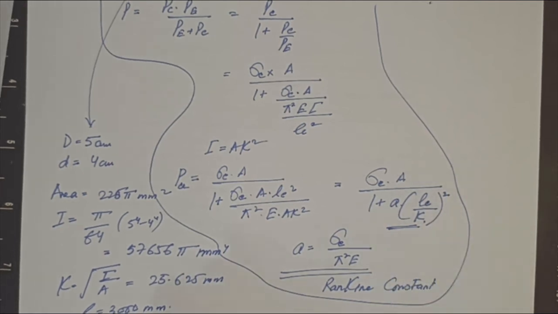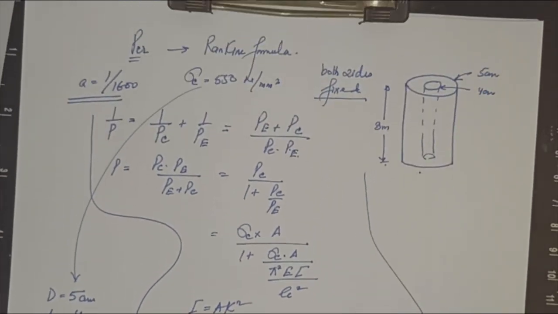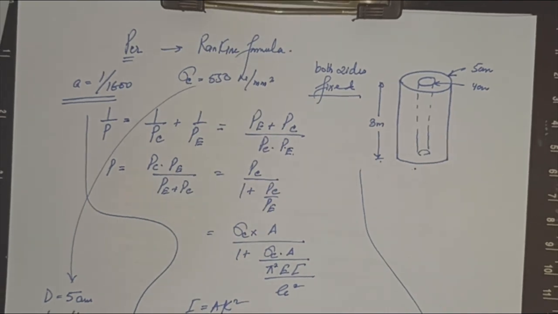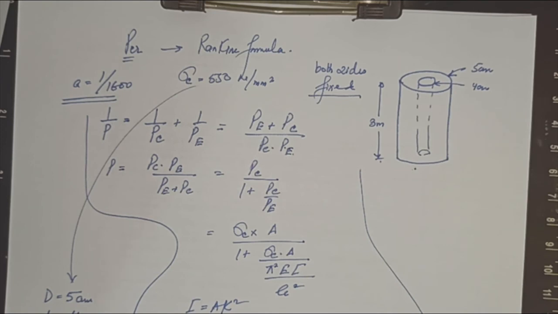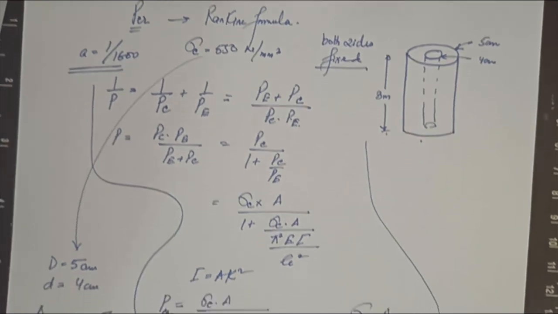Now again you can be tested with different kinds of boundary conditions, and the way you have to obtain the moment of inertia, that means Ixx or Iyy, and with respect to the boundary condition, what will be the effective length.